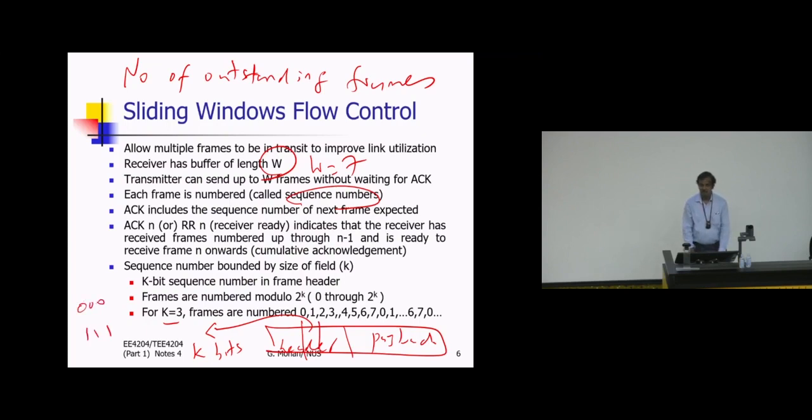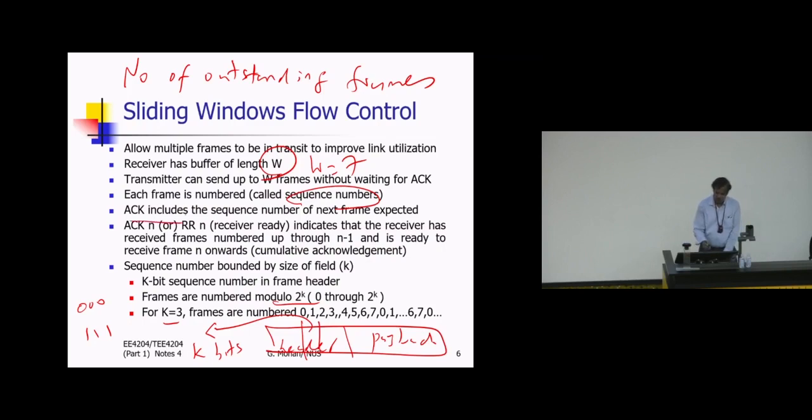If K is 5, the frames are numbered from 0 to 2 raised to the power 5 minus 1, that is 31. Then it will be cyclic, modulo 2 power K: frame 0, 1, 2, 3, up to 7, then again frame 0, 1, 2, 3, up to 7. Note that this frame 0 and this frame 0 are different, even though they carry the same number.